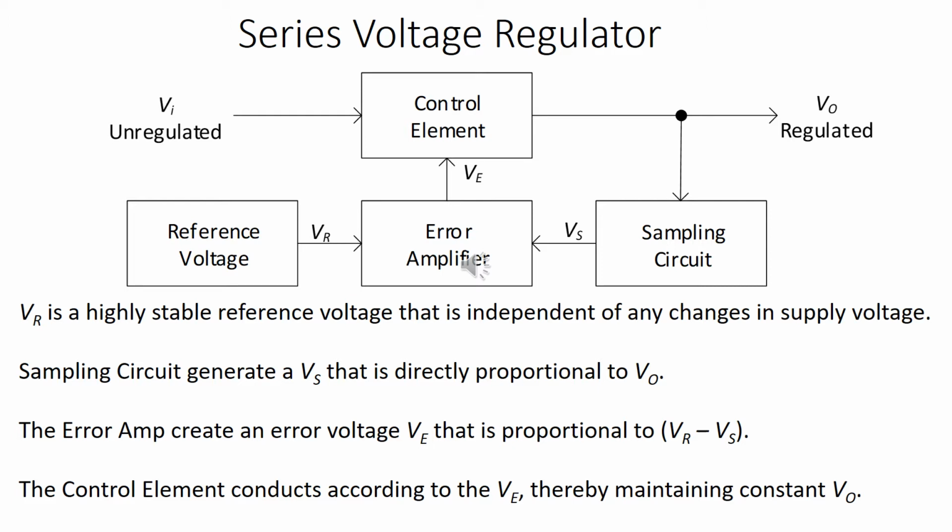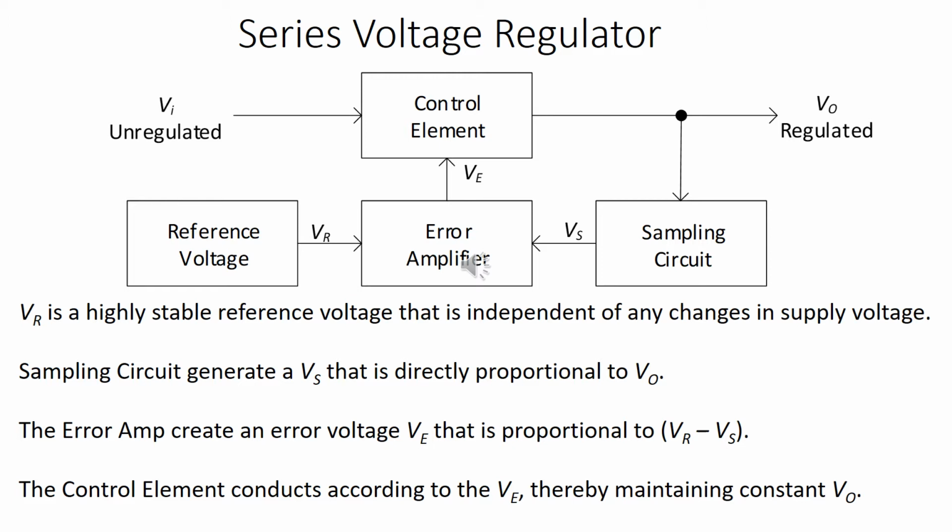The error amplifier has two inputs, a constant reference voltage VR and a sampled voltage Vs. VE is directly proportional to VR minus Vs.